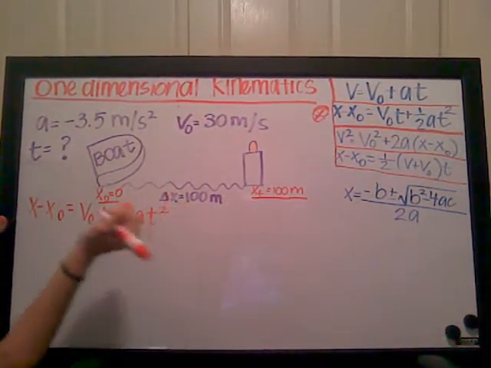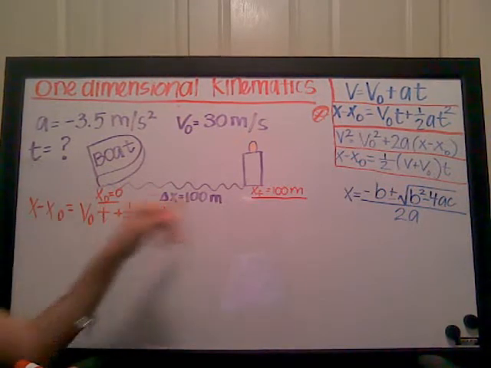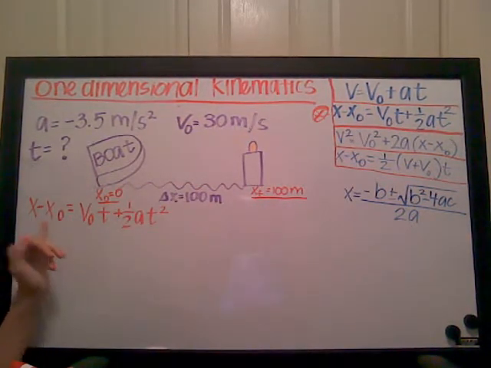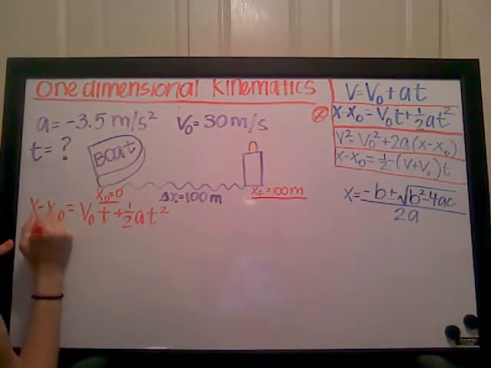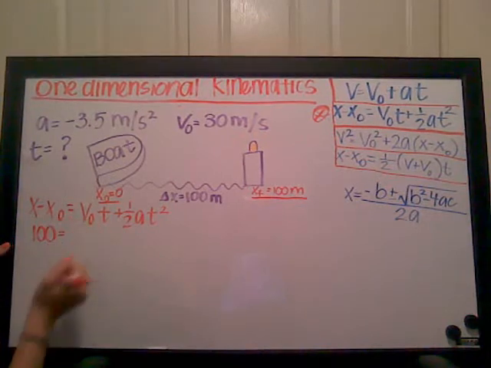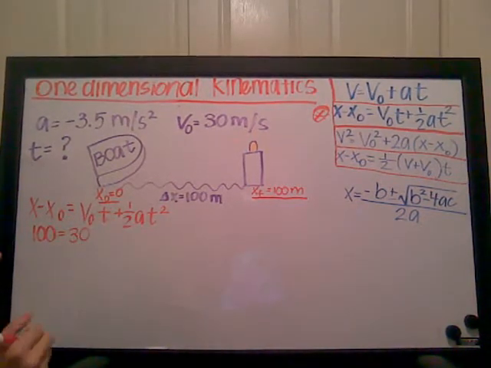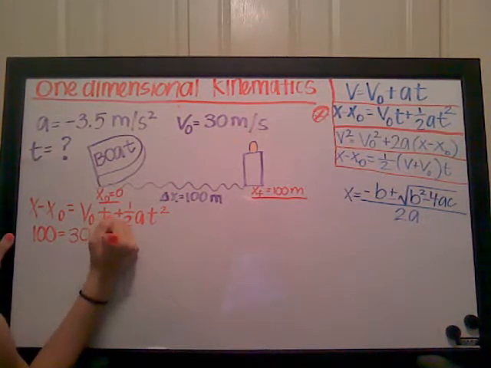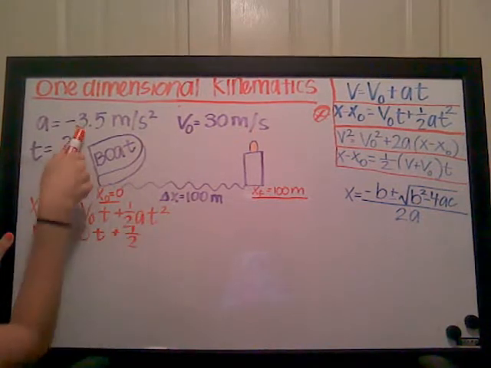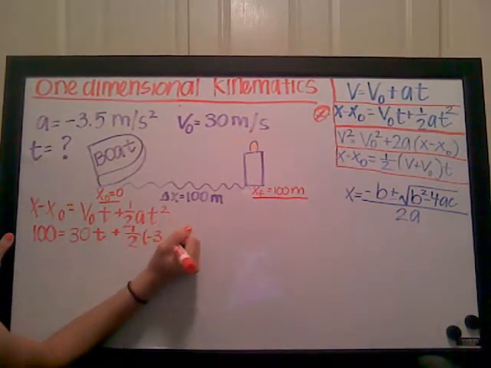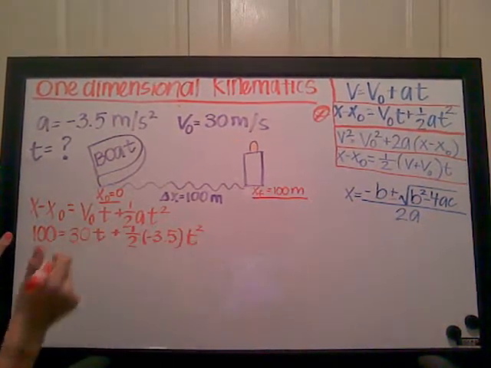t squared. Okay, so it says that our final x, which is 100 meters, minus our initial x, which is at 0, so the change in our x will be 100 meters, is equal to our initial velocity of 30 meters per second times the time, plus 1/2 of the acceleration, which is negative 3.5 meters per second squared, times our time again squared.